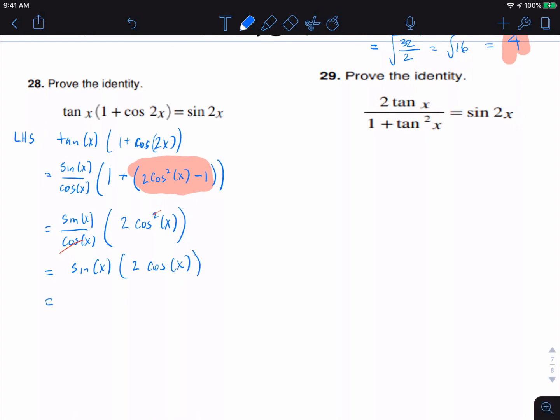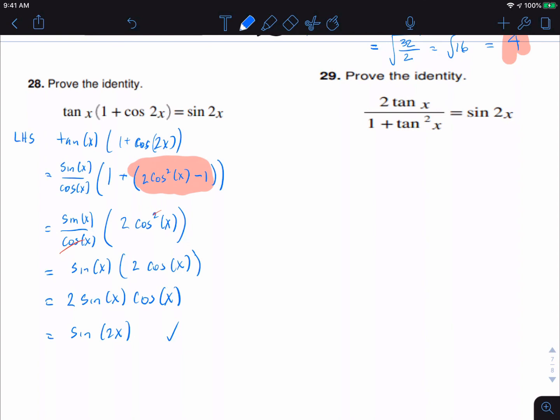And that can be written as 2 sine of x cosine of x. And that is an identity that we have, right? Isn't that sine of 2x, which is the right-hand side? So we have our QED. Okay?